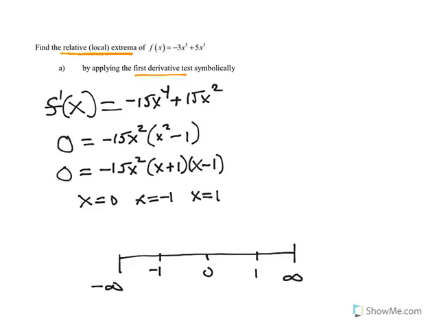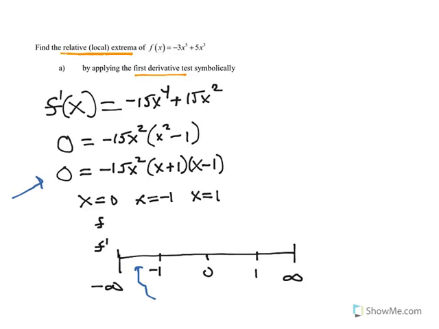And let's look at f prime, and that will tell us what's happening on f. So we're going to test a number somewhere between negative infinity and negative 1. So if we put negative 2 back in, I usually use the factored form because you can just keep track of the sign on each factor.